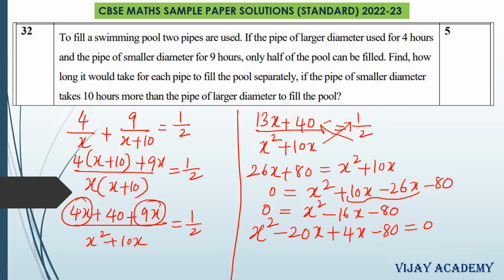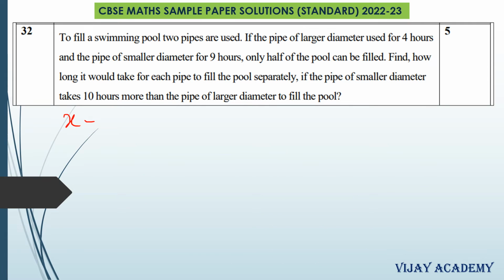Let us apply the grouping method and take the common factor from each group. So we get two groups here. Taking x as common from the first group, we get x times x minus 20, and 4 from the second group, x minus 20 equals 0. So the factorization is x minus 20 into x plus 4 equals 0.